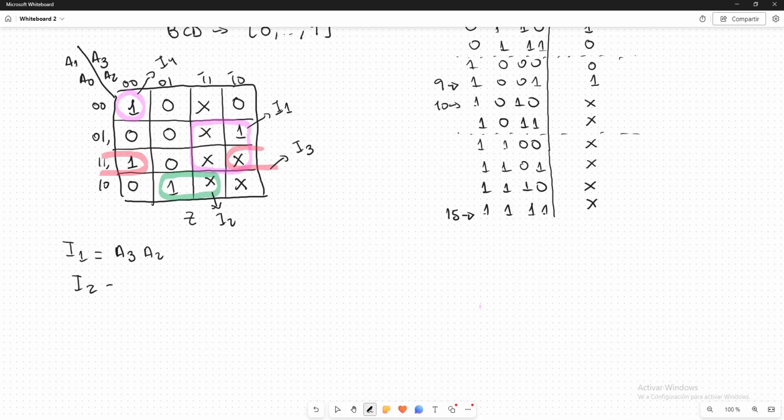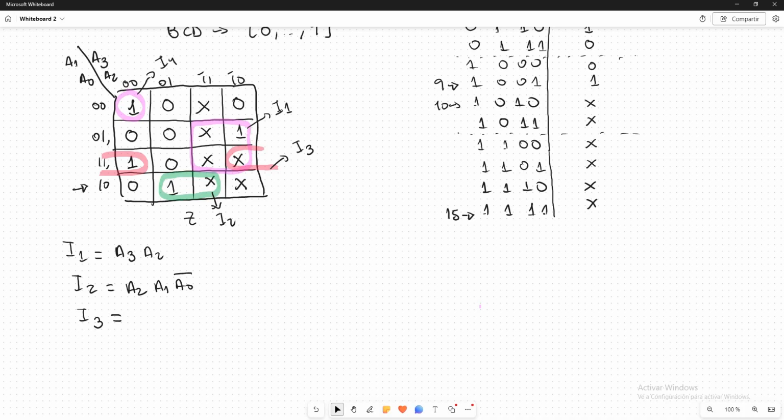Implicant 2 is this one. The variable that doesn't change in the columns is A2, and in the rows, both of them, A1 and A0 negated because A0 is 0.